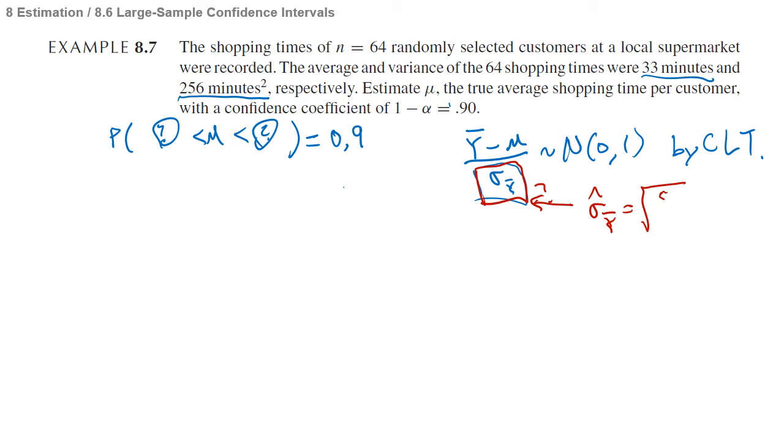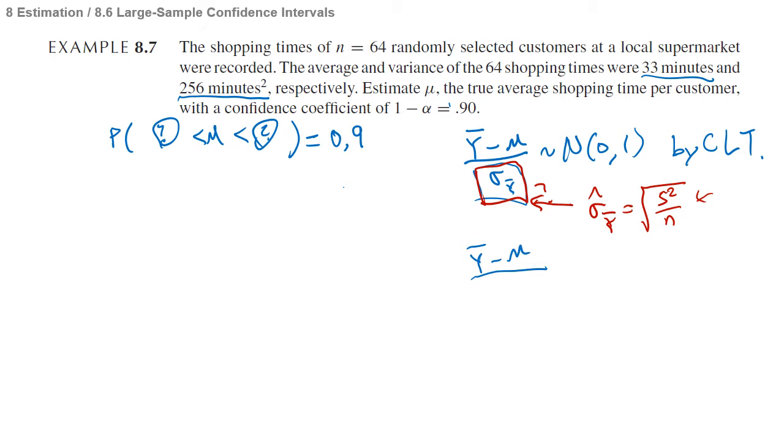The estimator would be the square root of s squared divided by n, so this is the variance, and we can estimate our standard error with this. And if we do this, as we learned, this follows the t distribution. So y bar minus mu, because this follows a chi-square distribution, and s squared and y bar are independent.